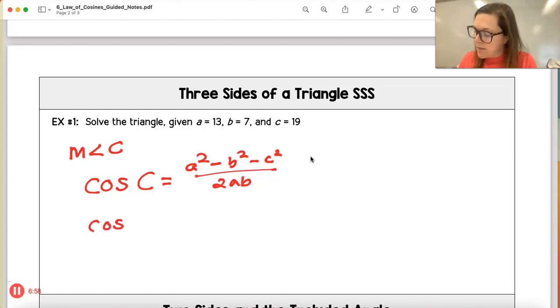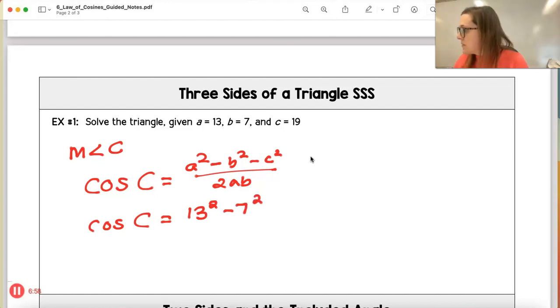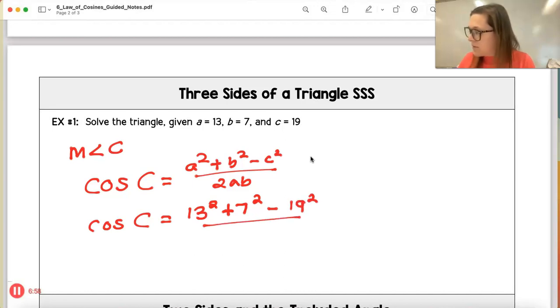So cosine of C is equal to 13 squared, I put a 7 squared, oops, it should be plus. I was putting plus, minus my c, which is 19 squared, all over 2 times my a times my b, okay? Or if you don't want to worry about memorizing that, not that you're memorizing anything this year, you could just plug it into the equation on the left.